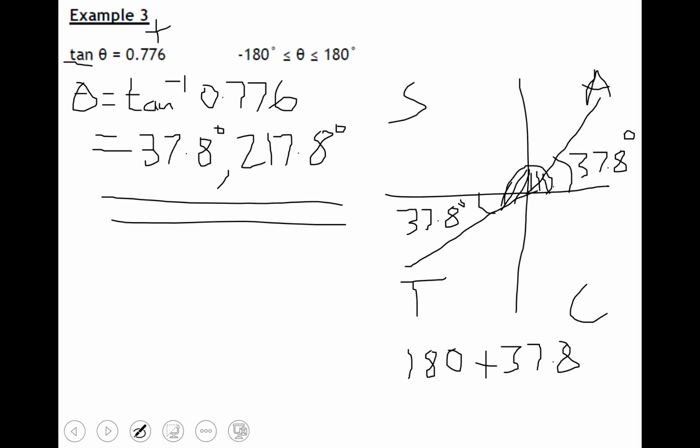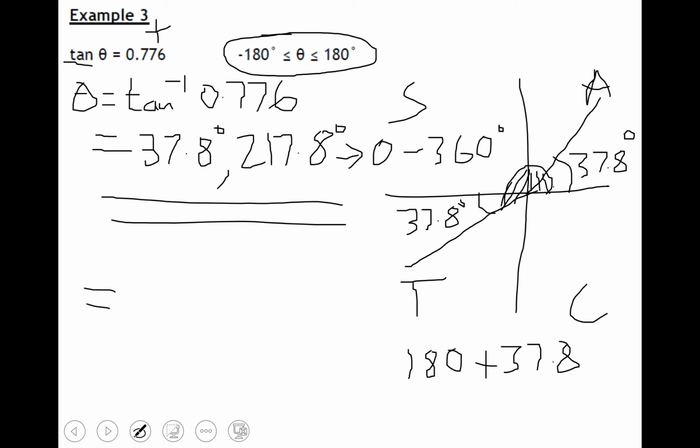However, the region we're working within is minus 180 to 180. So the solutions we've got here are from 0 to 360 degrees. Now the 37.8 is in the correct region, but the 217.8 isn't. To get it into the correct region, we can add 360 degrees or subtract 360 degrees, that's a complete revolution, so it's an equivalent angle.